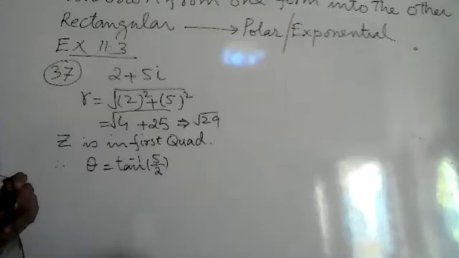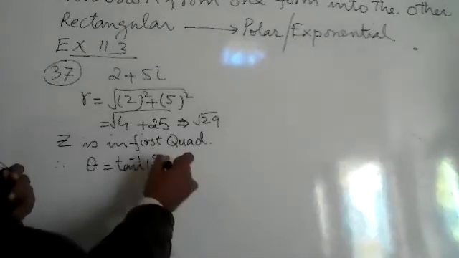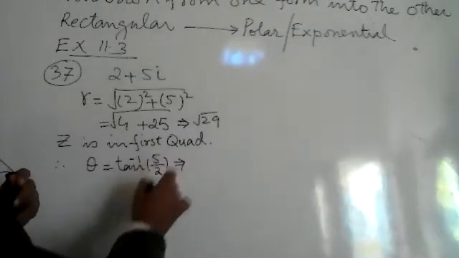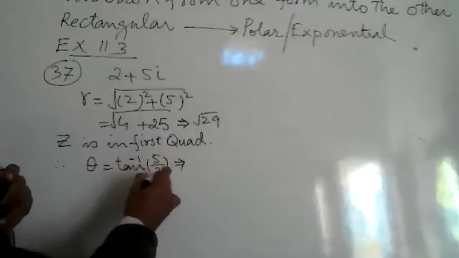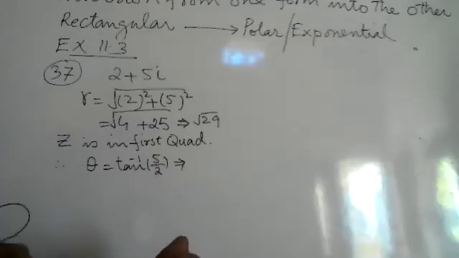So find the answer. Use your calculator to find tan inverse of bracket 5 divided by 2, bracket close.